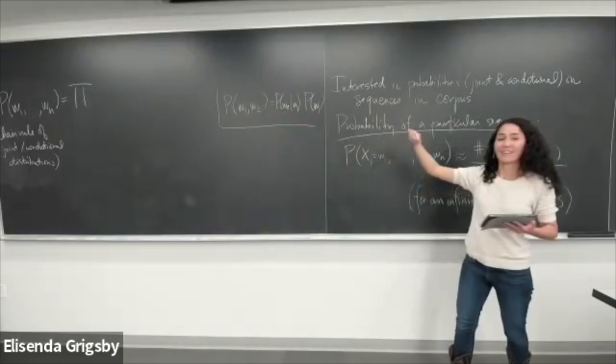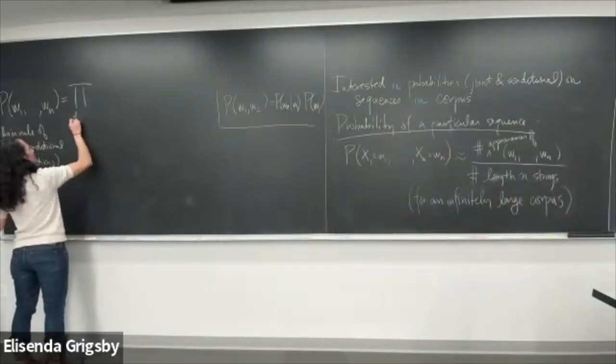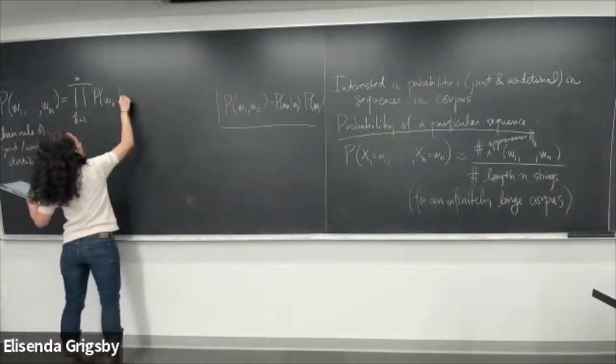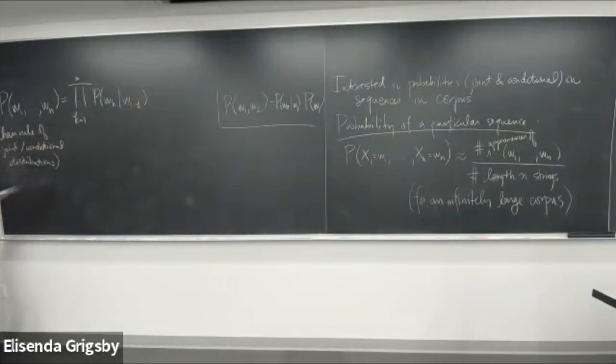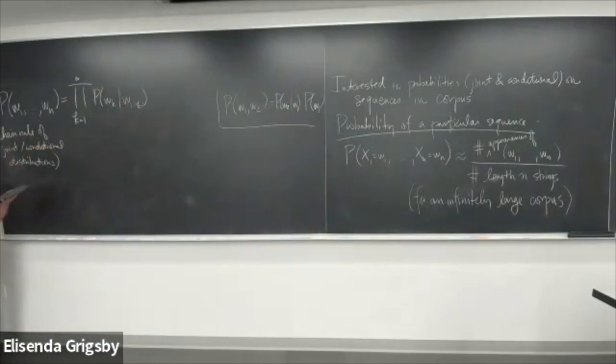So if you do this for a length n string, you get this so-called chain rule. So if you iterate this idea, you would be able to compute this joint density from all these conditional probabilities.